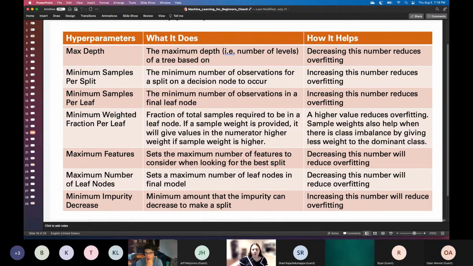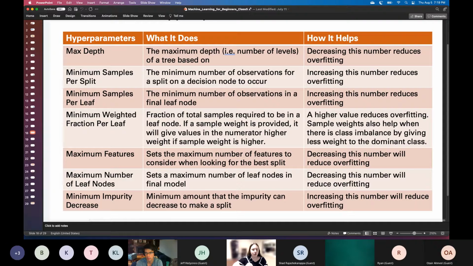But we also can apply something called sample weights. Sample weights often help when there's class imbalance. And you're going to see this throughout your career if you go into data science. So usually when you train a model, no matter how you train it or all the hyperparameters you use, you're usually having either false positives or false negatives.